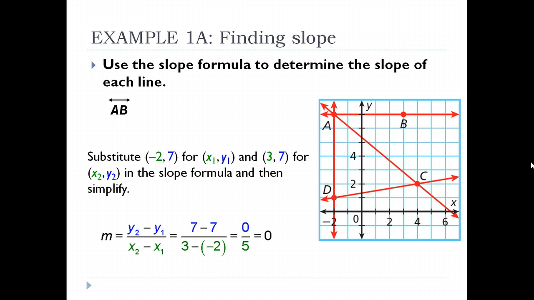Since 7 minus 7 is 0, our slope is 0. This would make sense because the line is horizontal. The slope or steepness never changes.